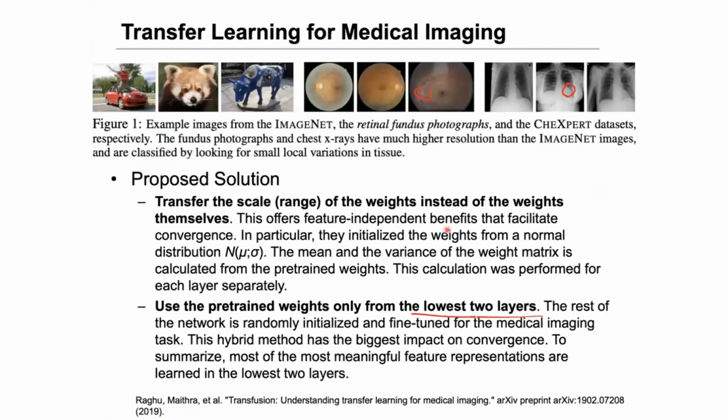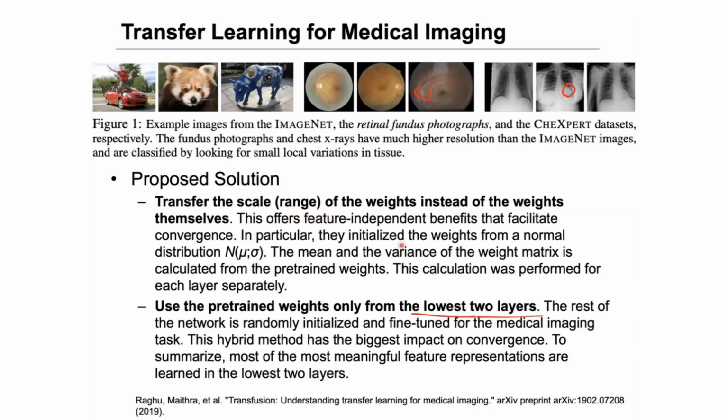Okay, and here I just give an example in the medical domain, doing transfer learning. In this paper, the proposed solution is that instead of transferring the weights for the target application, medical image classification, they use the scale or the range of the weights instead of the weights themselves.